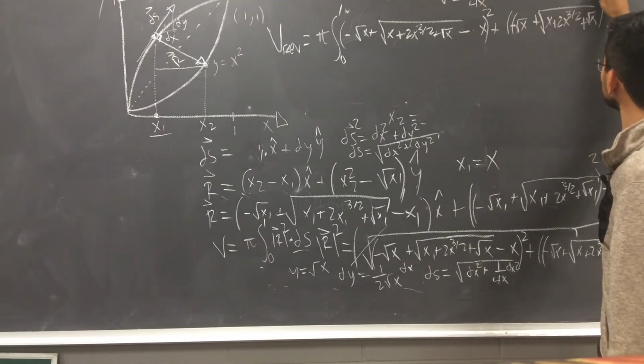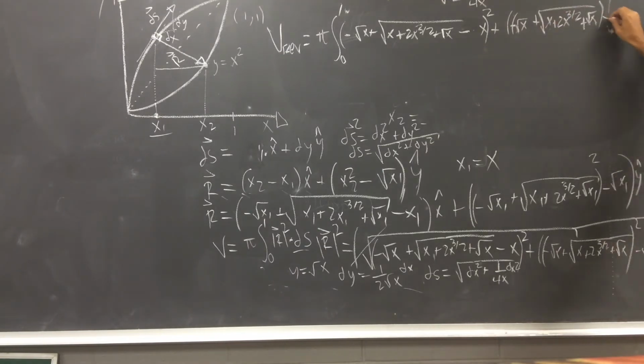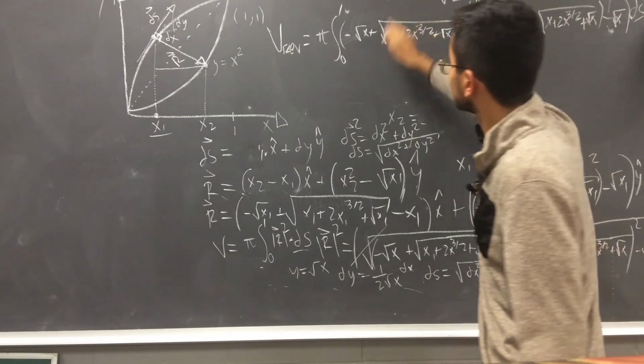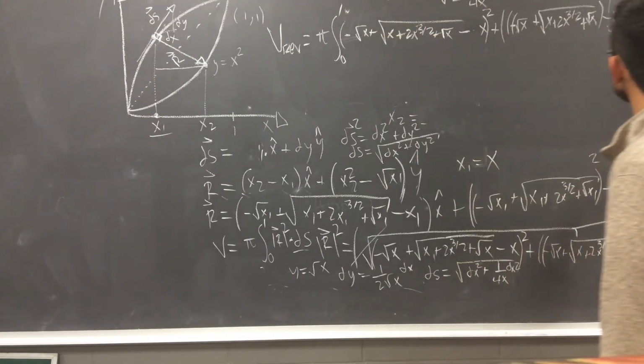This is squared, right? And then we're going to subtract root of x and all of that squared again, times ds. And of course, ds is that, so we can just multiply by that.